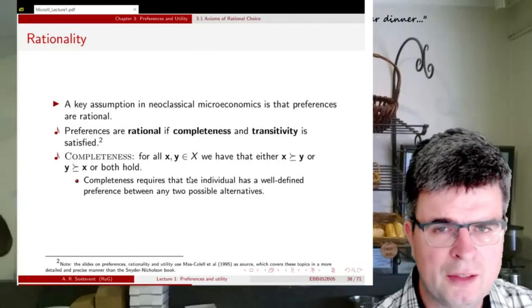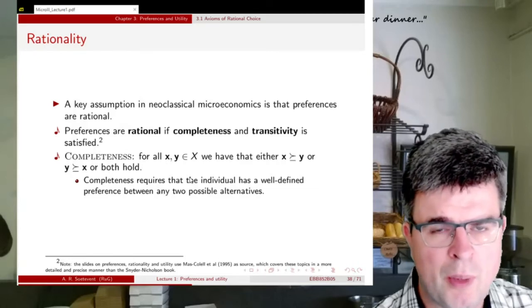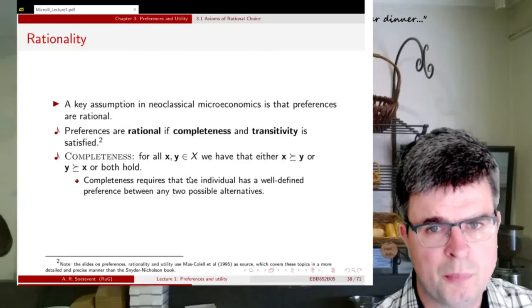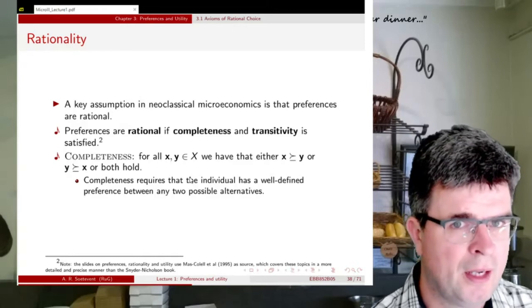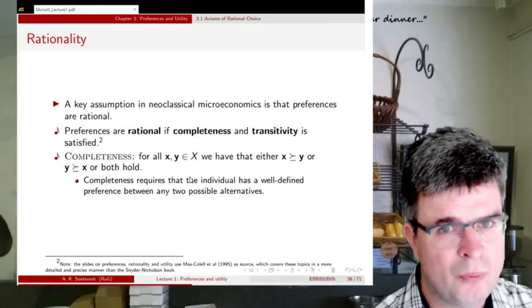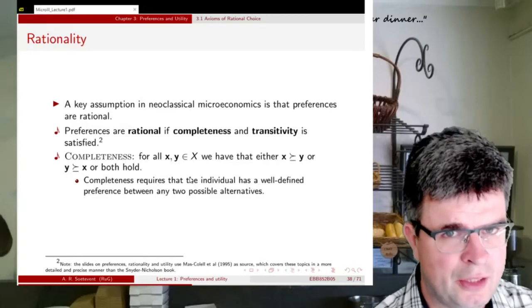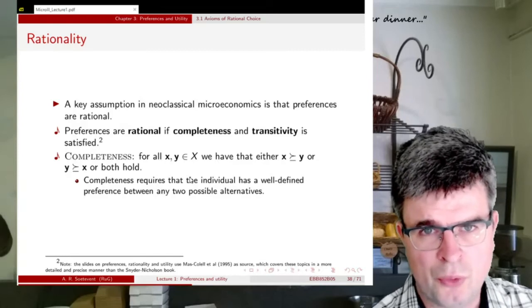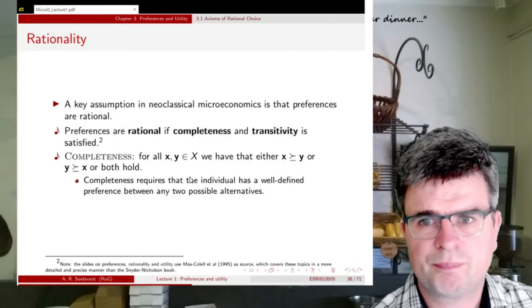This implies that as soon as we make this assumption of completeness, it requires that the individual has really well-defined preferences between any possible alternatives. So I give the individual 2 random alternatives. Completeness says that the individual is able to tell me whether he weakly prefers one alternative over the other or is indifferent between the 2.